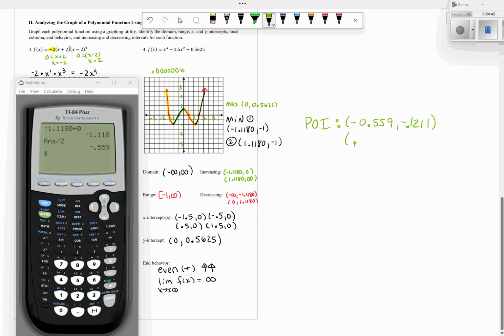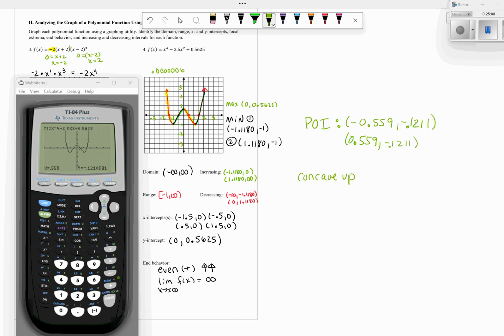So 0.559 would be positive. If we were to go to our graph and hit second trace value 0.559, we get the same thing, -0.1211.